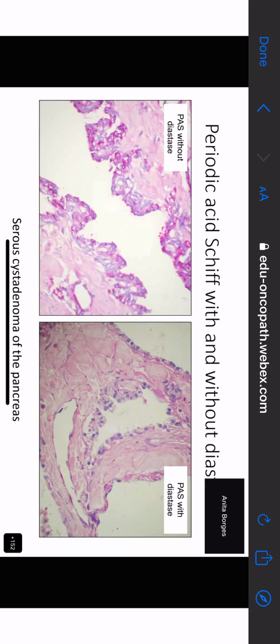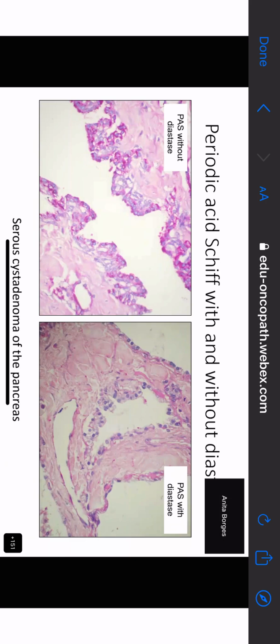PAS with diastase. And what has happened? It hasn't taken up the stain. So, what does that mean? Suveta, what does it mean? Suveta, have you ever done a PAS with and without diastase? Yes, ma'am. You have. All right.